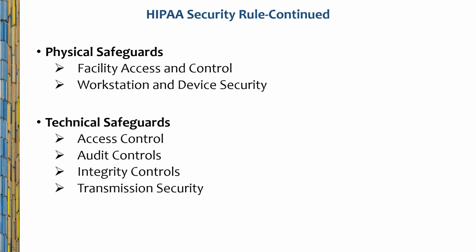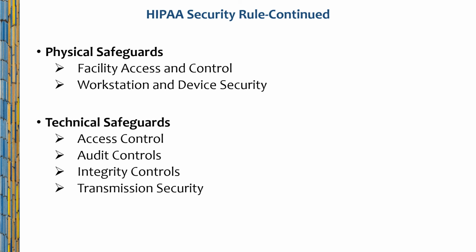A covered entity also must have in place policies and procedures regarding the transfer, removal, disposal, and reuse of electronic media to ensure appropriate protection of electronic protected health information, or ePHI.